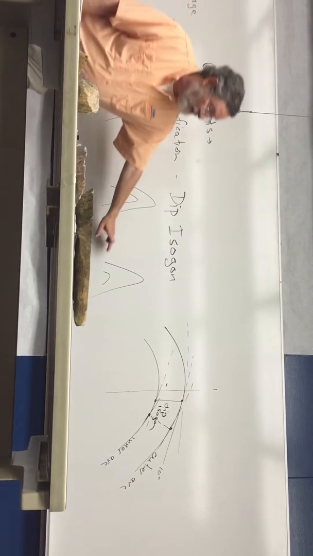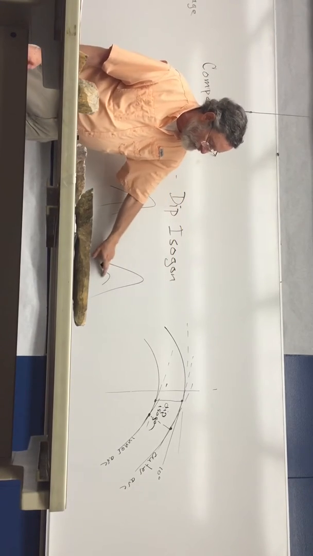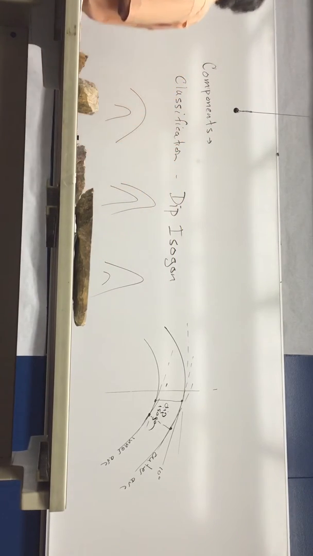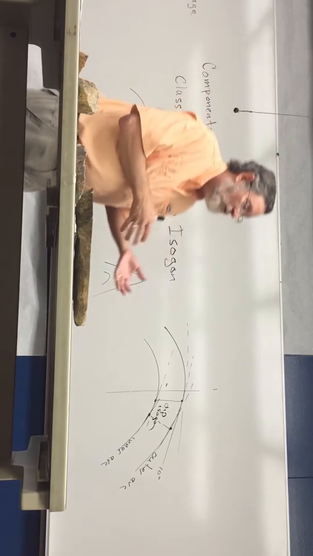So this would be a type 3 curvature set. The curvature of the outer arc here is far greater than the curvature of the inner arc. And this is the fold classification scheme that we look at. This helps us begin to understand how folds actually form.